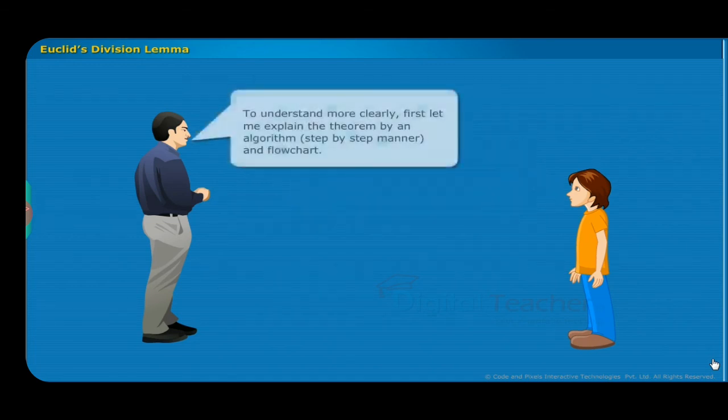To understand more clearly, first let me explain the theorem by an algorithm, in a step-by-step manner, and a flowchart. Algorithm: an algorithm is a step-by-step procedure or formula for solving a problem.